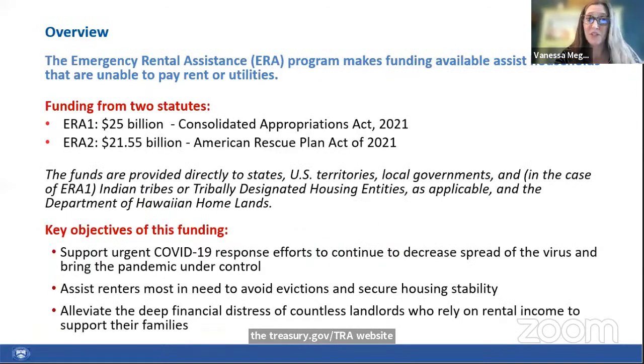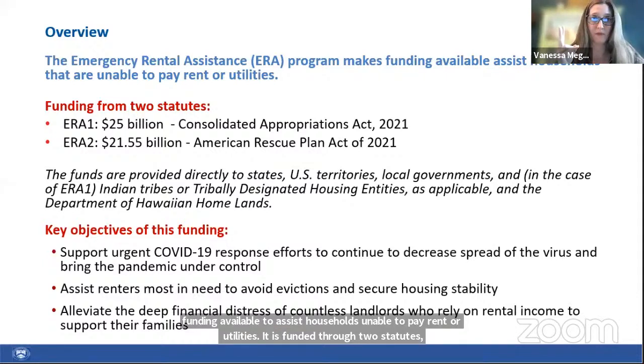So emergency rental assistance is a block grant program that makes funding available to assist households unable to pay rent or utilities. It's funded through two statutes, which we are calling ERA 1 and ERA 2.